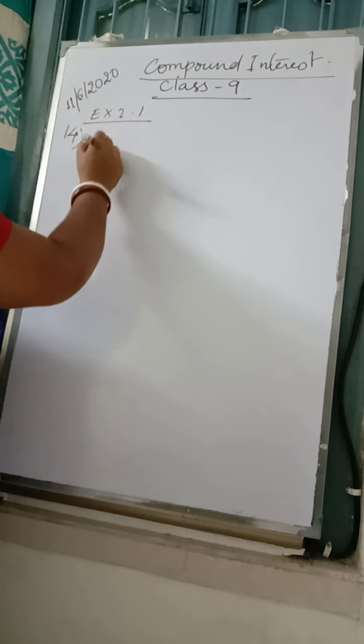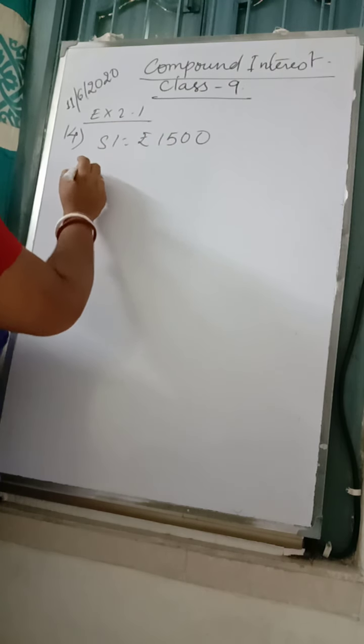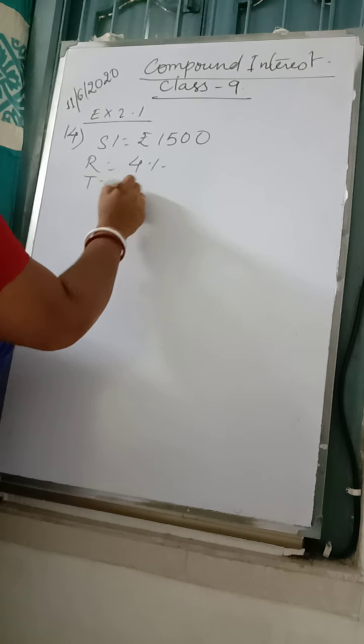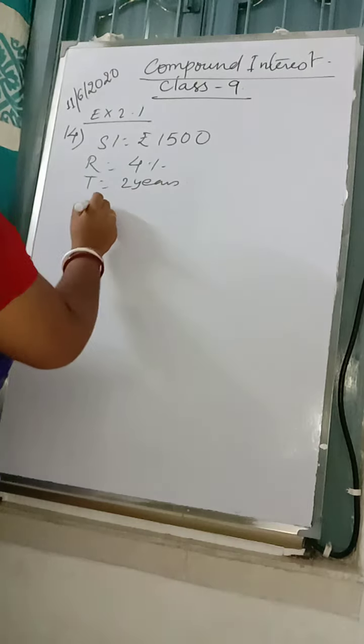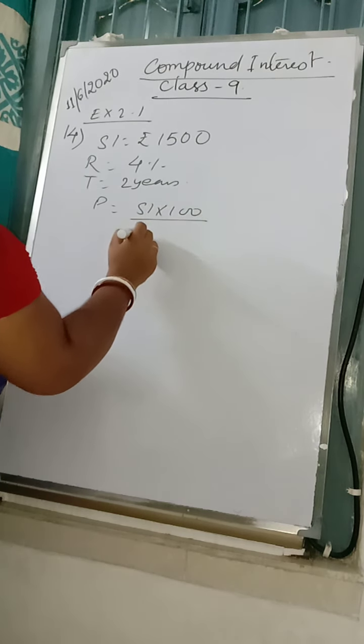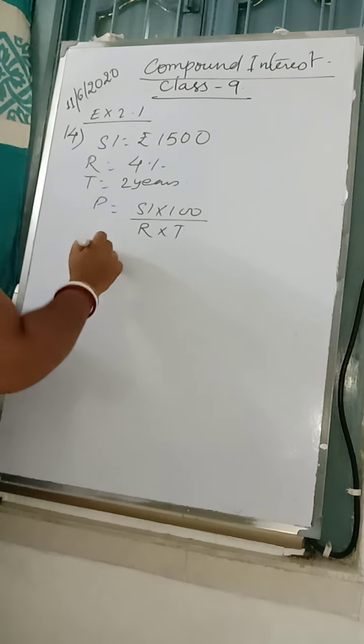The first is question number 14 from the same exercise, exercise 2.1. SI is equal to rupees 1,500. Rate is equal to 4% and time is equal to 2 years. So the principal would be SI into 100 by R into T, as we have learned.